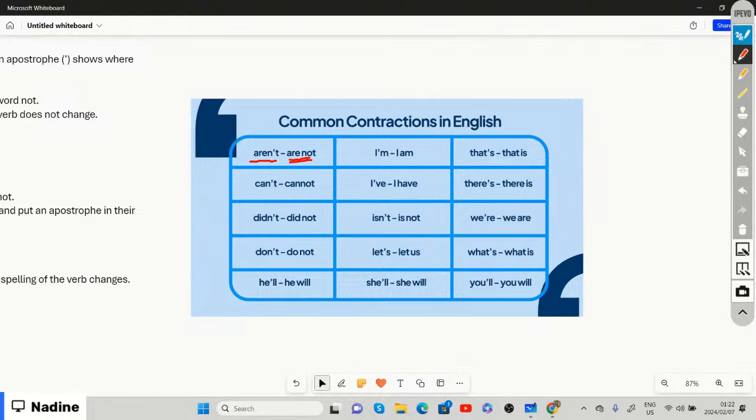So aren't, the words basically means are not. And then here we have I'm, and we made an example of this earlier on where we said I am is shortened for the word I'm. I'm 7 or I am 7.